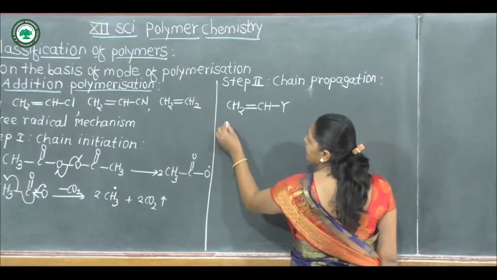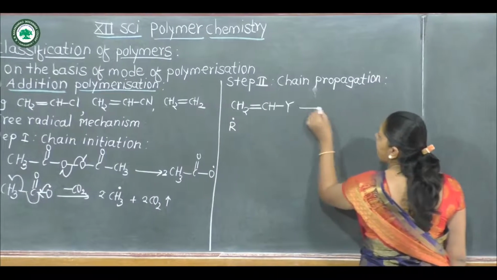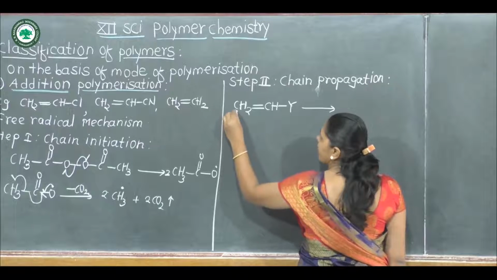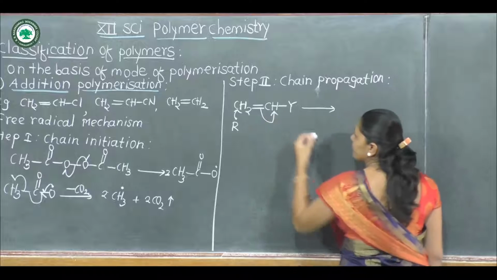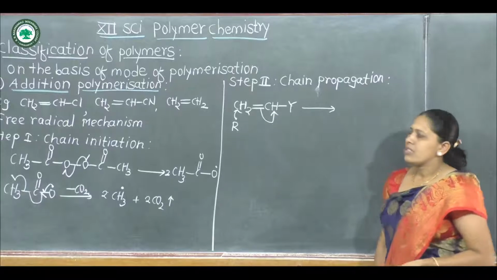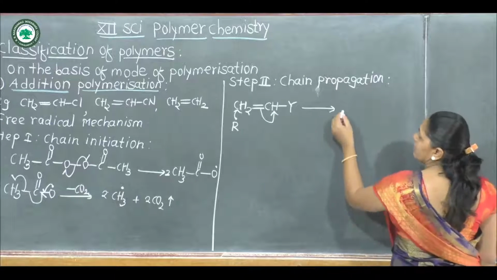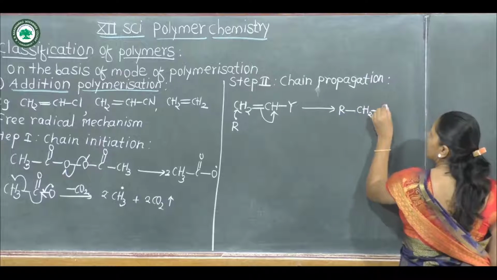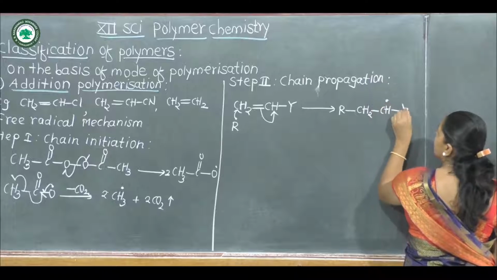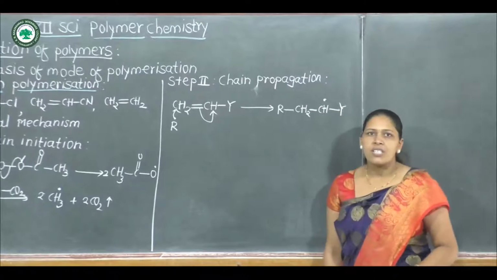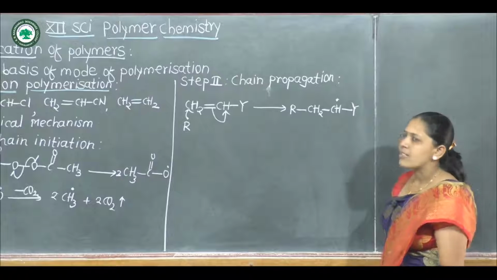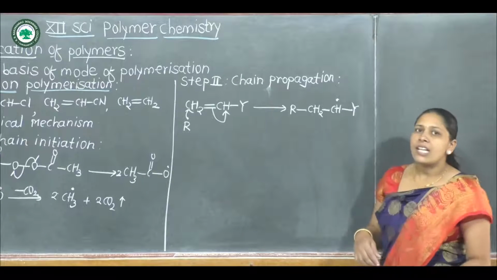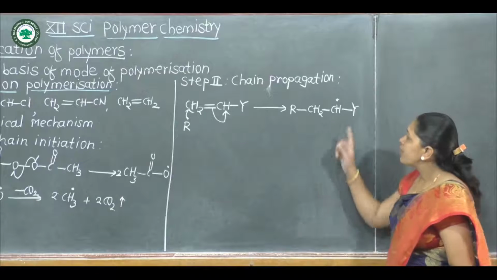The R free radical attacks it to form another free radical having higher molecular mass than the previous free radical. Then this free radical again reacts with another monomer of vinyl group.